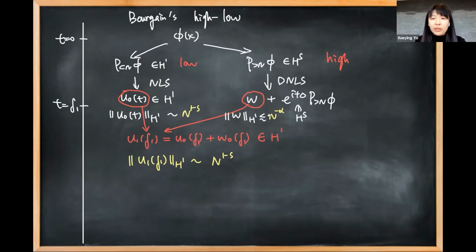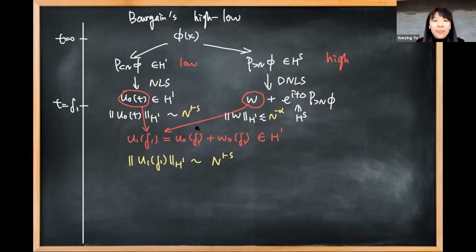And this Duhamel piece will be very, very small, like n to some negative power. And then you merge these two terms into a new initial data, which I call U1 here. Since this term will contribute a little bit, the H1 norm of this U1 will be almost dominated by this term.